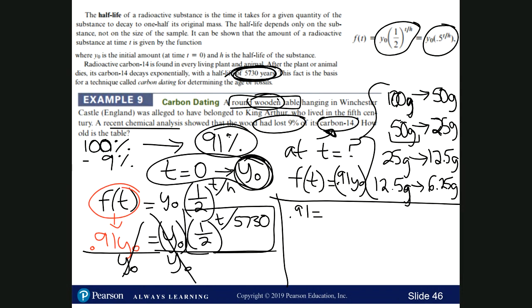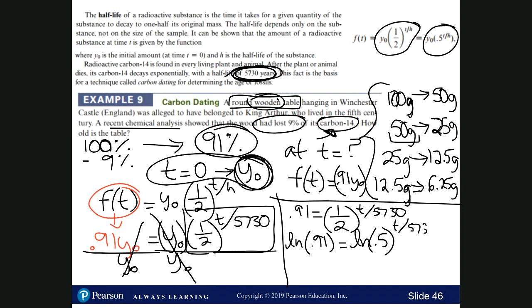Let's just keep using 1/2 to the power t divided by 5,730. From here, we can take the natural log on both sides. Here, instead of 1/2, let's write 0.5, to the power t over 5,730.